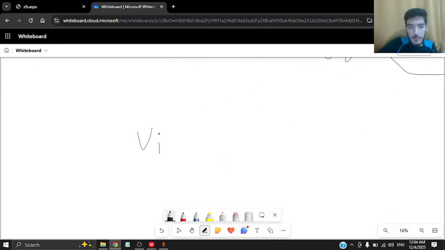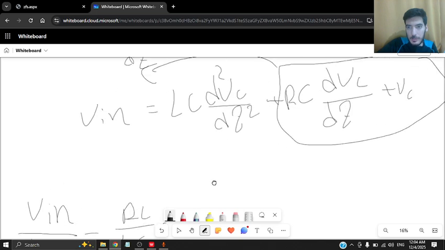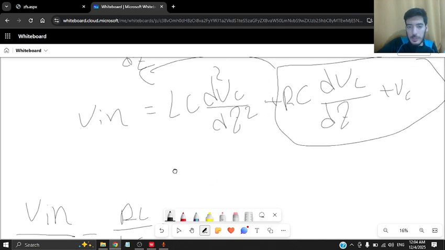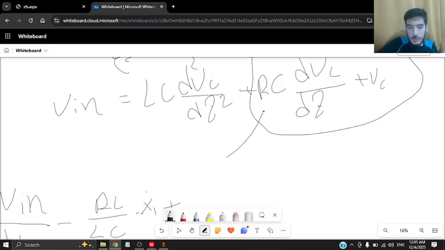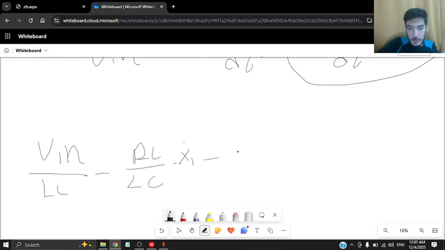So here it will be Vn divided by Lc minus Rc divided by Lc times, and this one here is actually x1 differentiated, minus Vc, which is x1, divided by Lc.